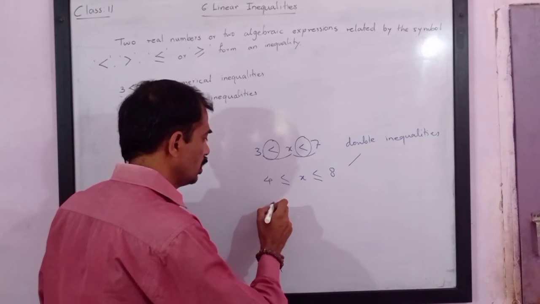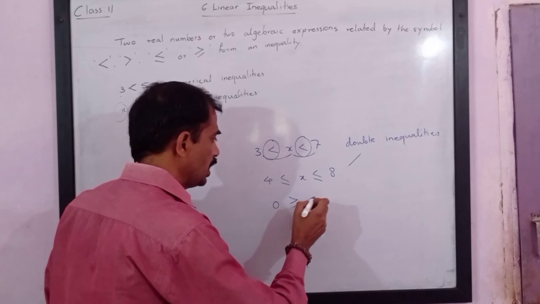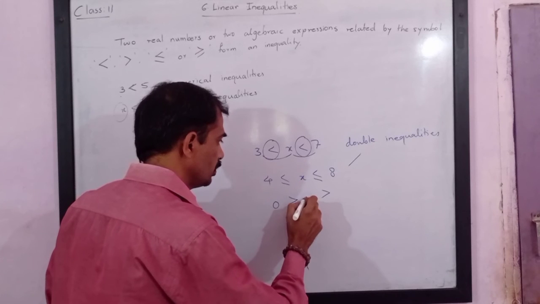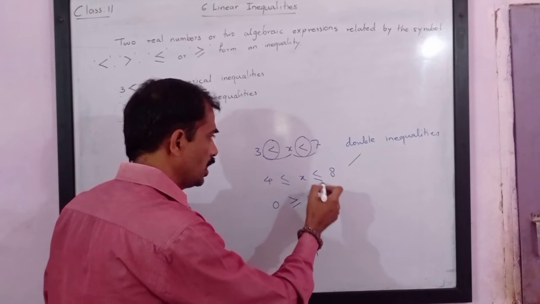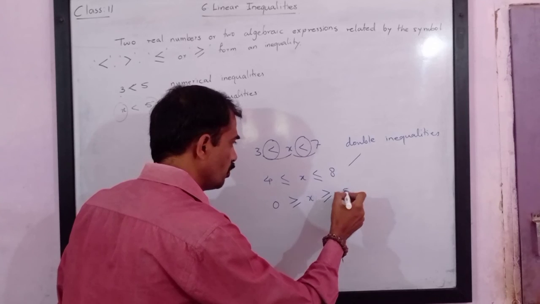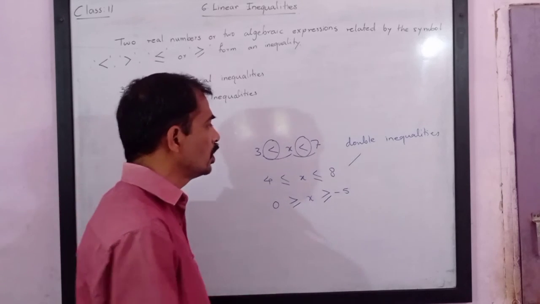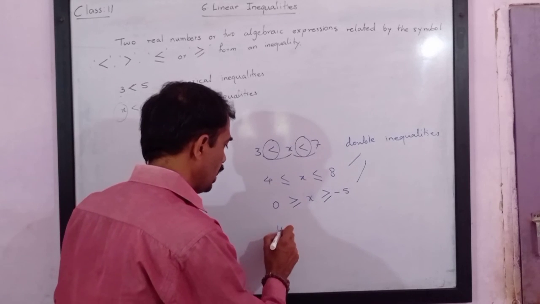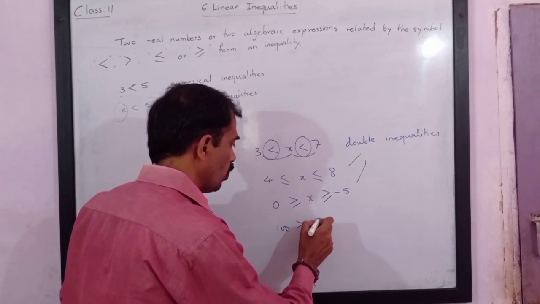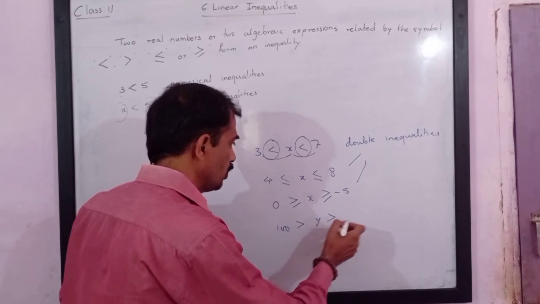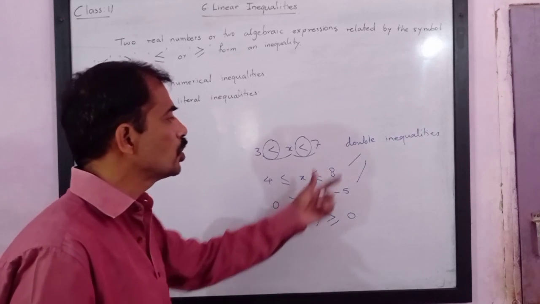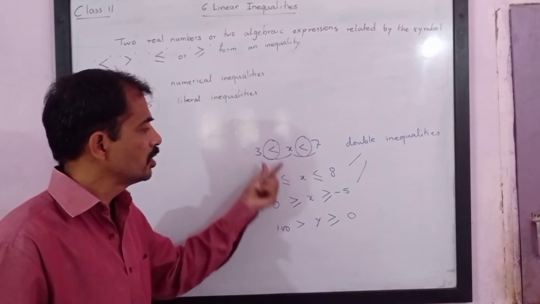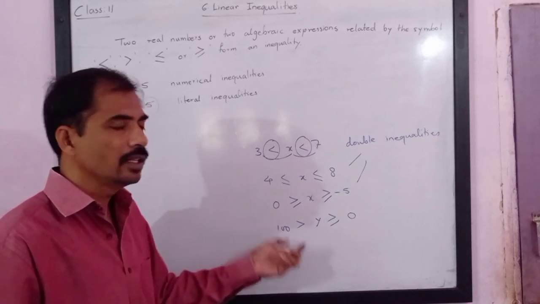If you take x greater than equal to minus 5, or 100 greater than y greater than equal to 0, then also these are double inequalities. The reason is that two inequalities exist in this relation.